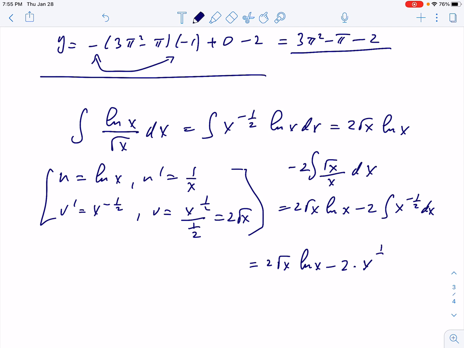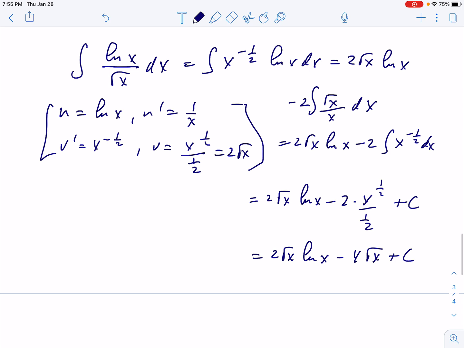It's x to the 1/2 divided by 1/2 plus c. So we have 2 root of x natural log x minus 4 root of x plus c. We can factor root of x like that, and this will be natural log x minus 2, and then plus c.